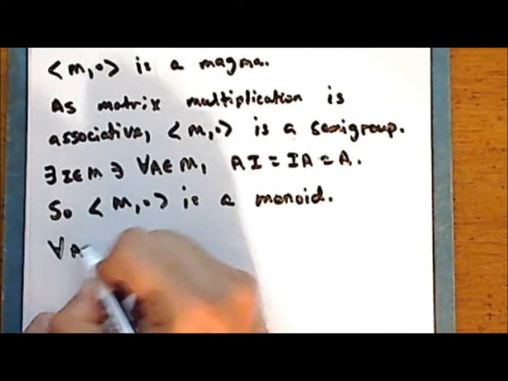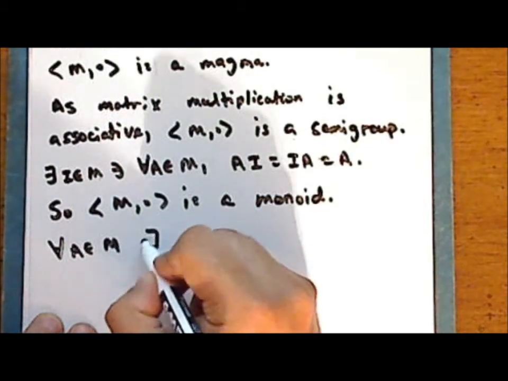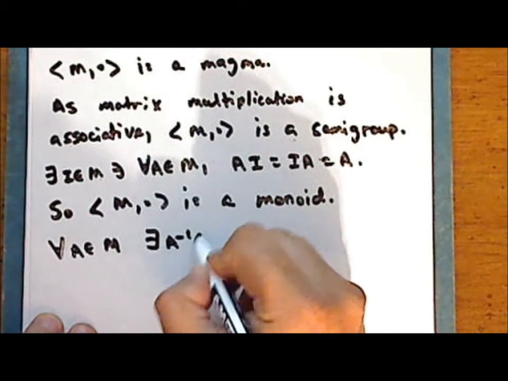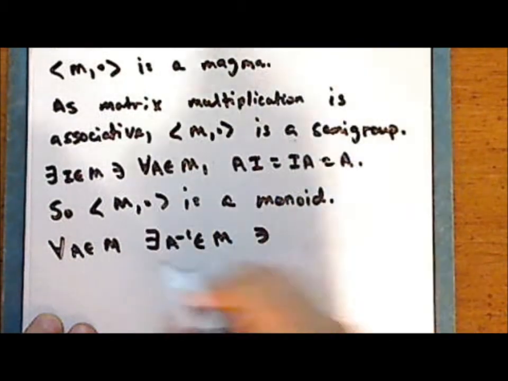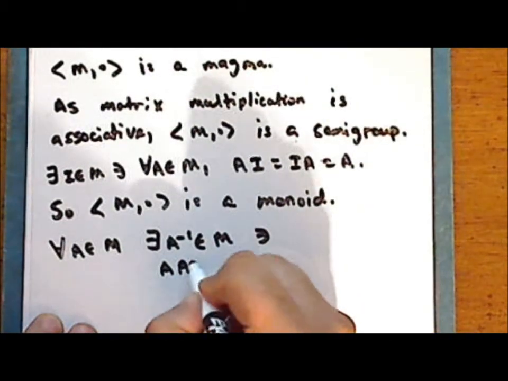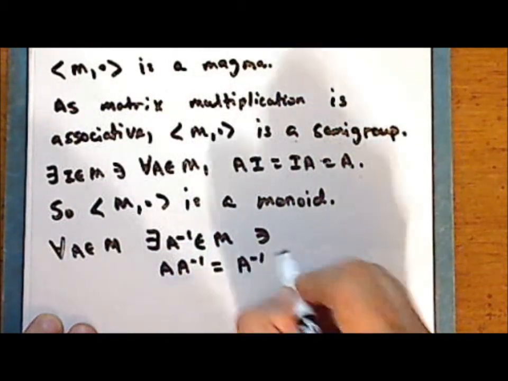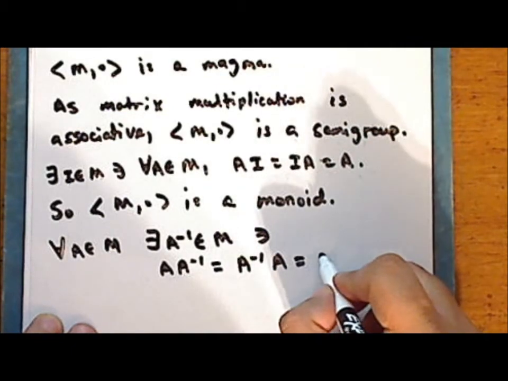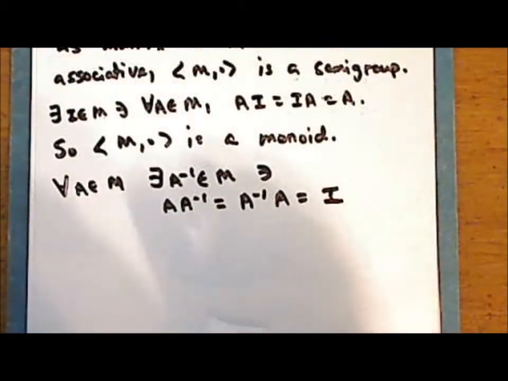And for every matrix A in the set M, there exists an inverse for that matrix also in the set M, such that A times A inverse is the same as A inverse times A, which is the matrix I, which is the identity for this structure.